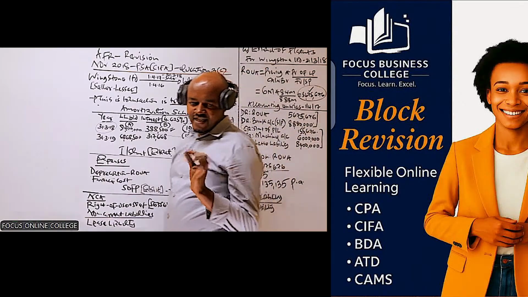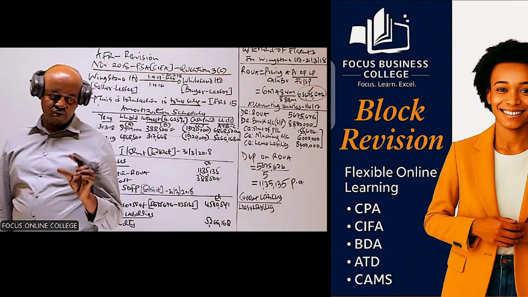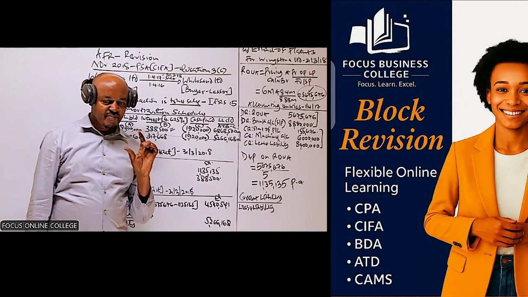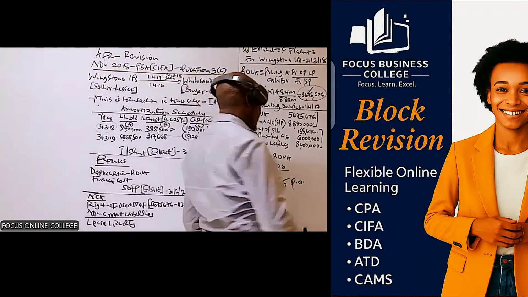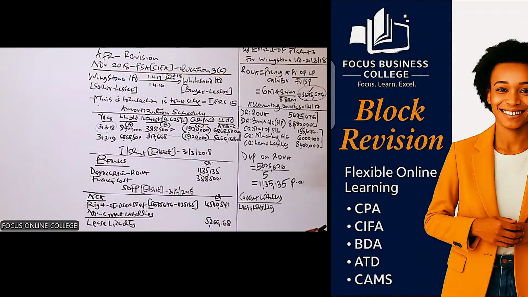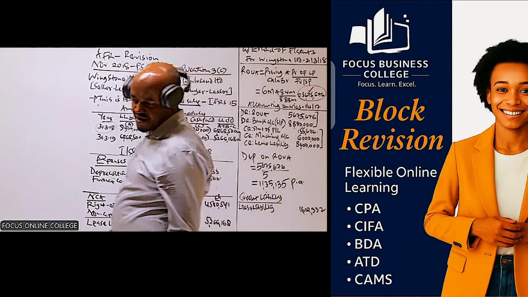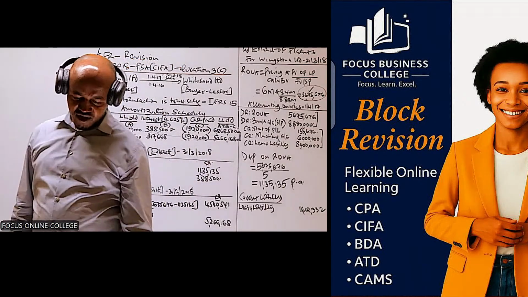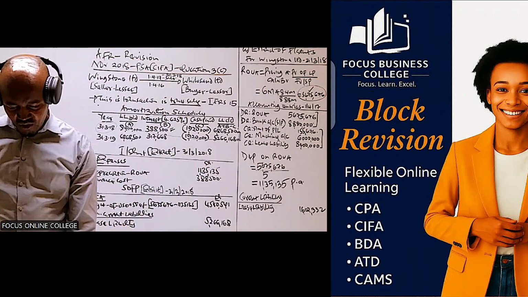That decrease basically shows the amount which was payable within the next one year, which is 1,602,332. Yes, so basically, that is it.